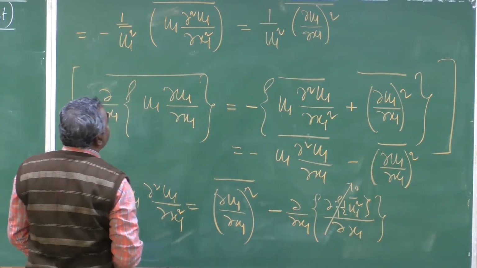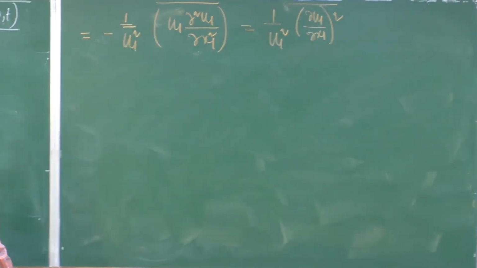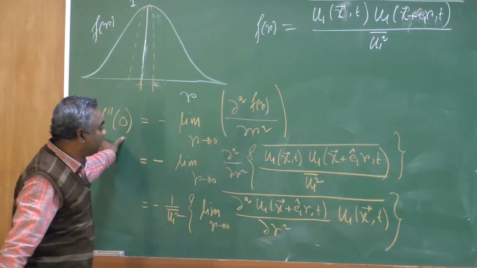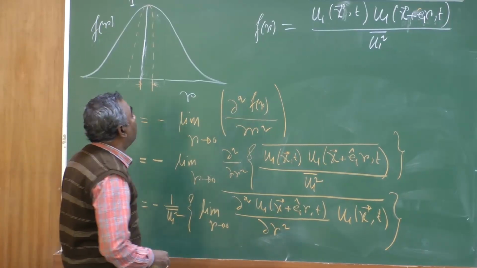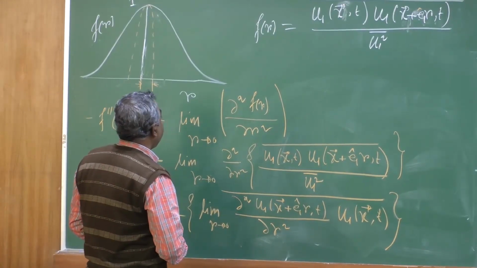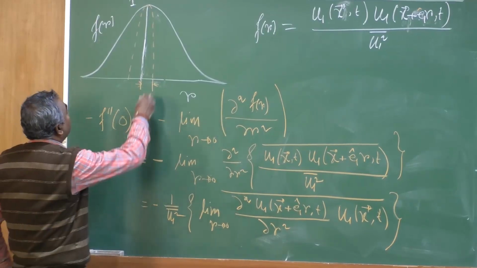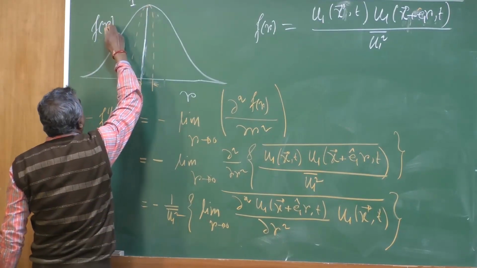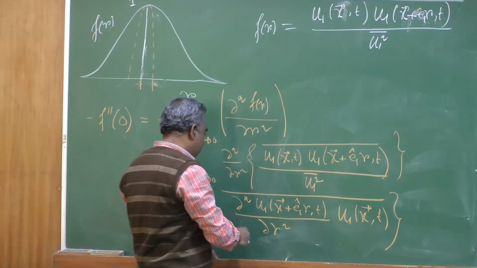That means, so now we have got this expression is equal to this, right. So, you see here, so what is this? We would like to expand this f of r around this. So, that means what we would like to do here?